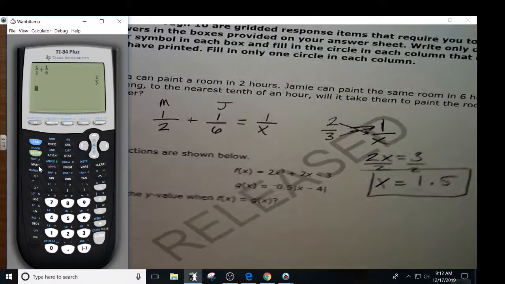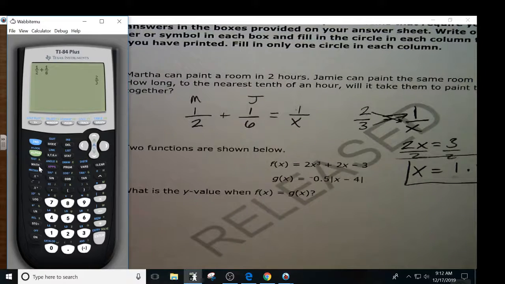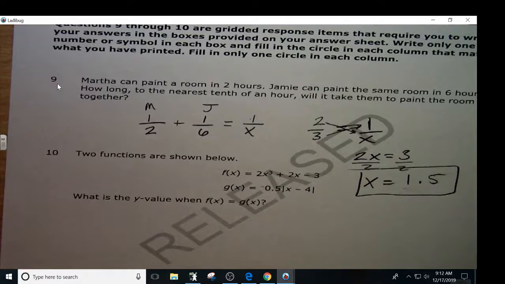Now, number 10. Two functions are shown below. What is the y value when f of x equals g of x? How would you go about this problem? Somebody said something about equaling them to each other.